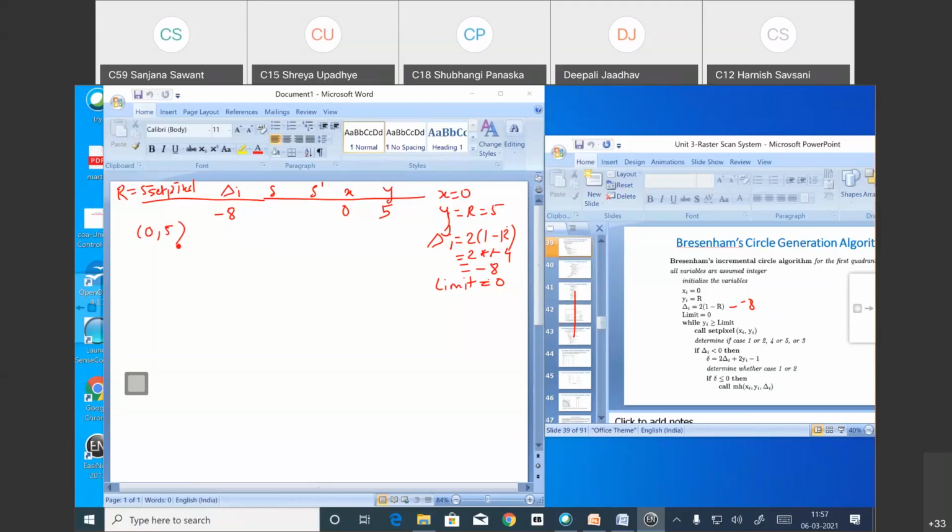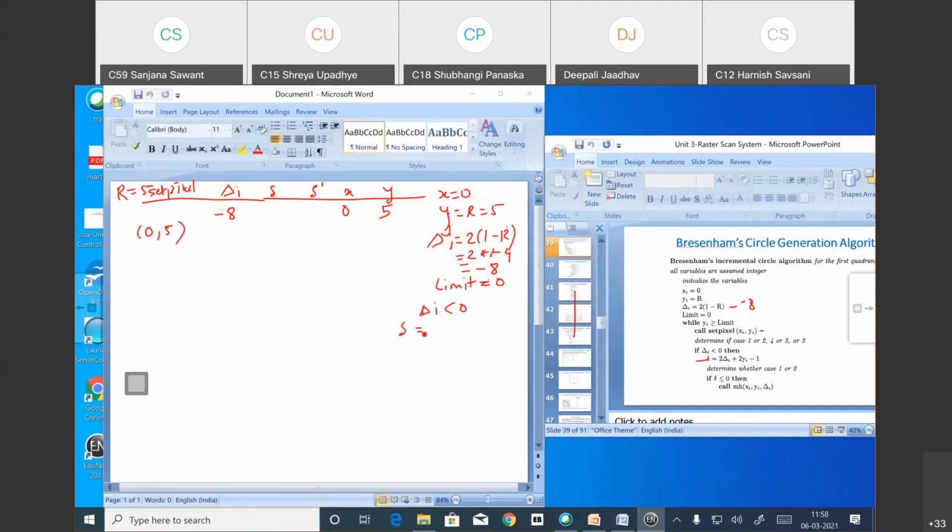Next, after that, this one we have done. If delta I is less than 0. Now see whether delta I is less than 0. As delta I is minus 8, it is less than 0. I write here the calculations. So when delta I is less than 0, what do we calculate? Lowercase delta.